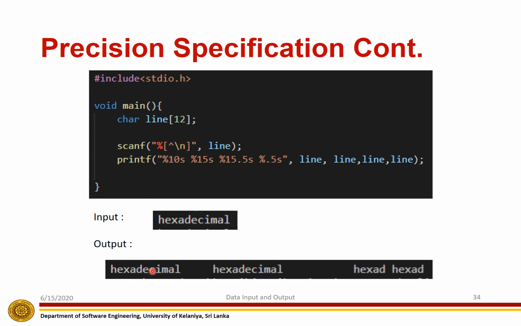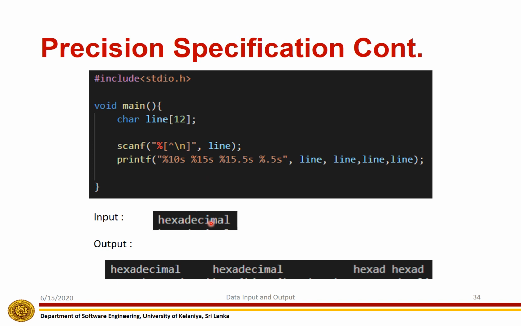Thus the first string overrides the minimum field width specification, and the second one is padded with 4 leading blanks to fill out the 15 characters, and hence the second string is right justified within its field.